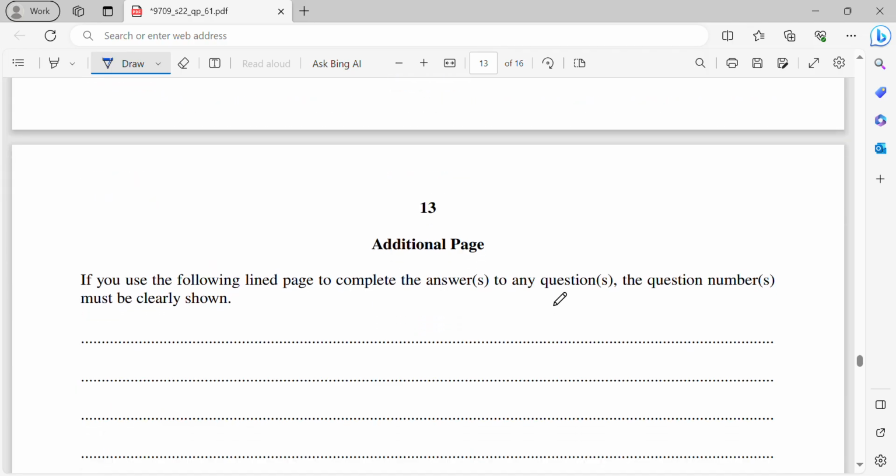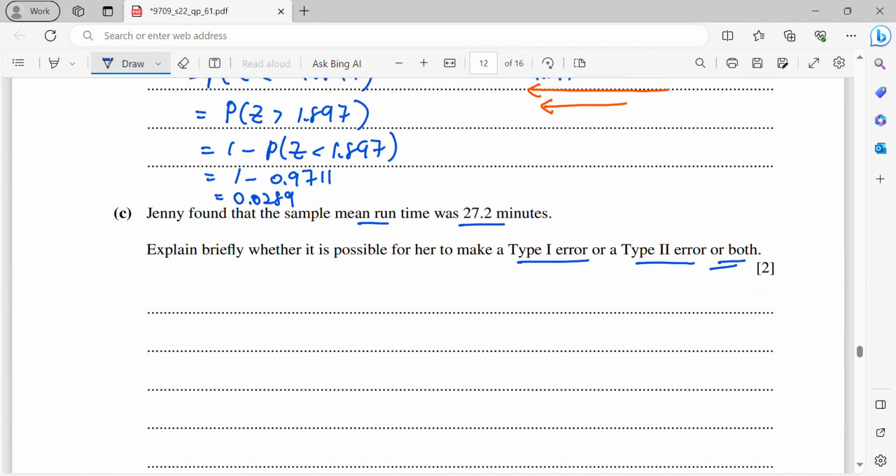So from here, I will write, given x bar is 27.2.